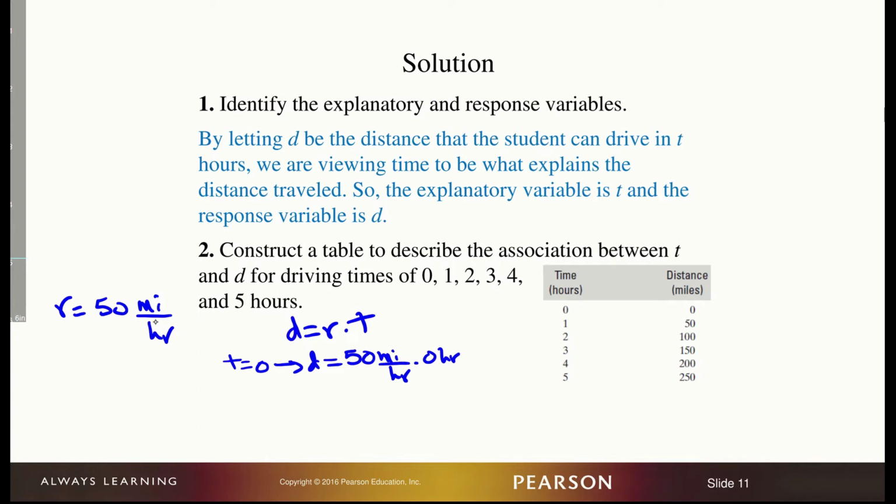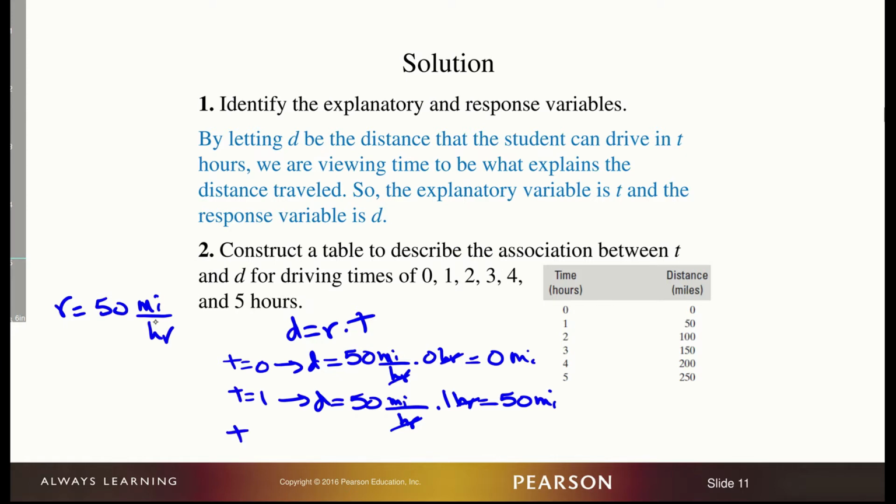So 50 times 0 is just 0. Hours cancel, so that's 0 miles, right? If t is 1, for instance, we get d equals 50 miles per hour times 1 hour. Again, the hours will cancel out here. Units should always work out properly, otherwise there is a problem with the formula. And here we get 50 miles.